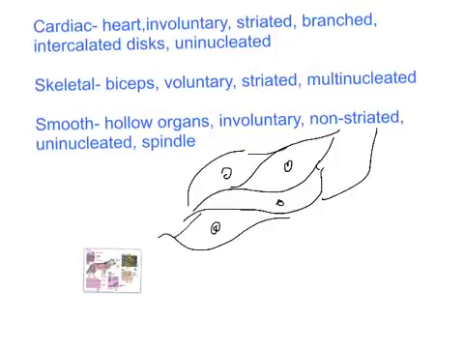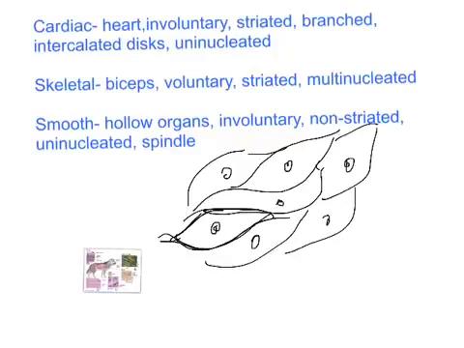So you end up with muscle cells that kind of look like that together. One of those cells, let's say this one, is spindle shaped, thinner at the ends, a little thicker in the middle. They form sheets and allow for involuntary contraction. Questions on muscle tissue? No? Okay.